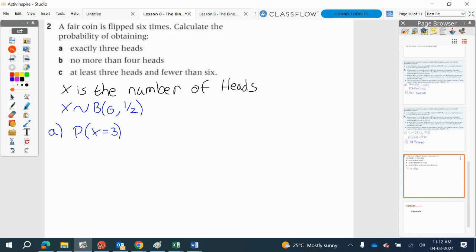So this would be that you get exactly 3 heads. It's just a particular part of the probability distribution.